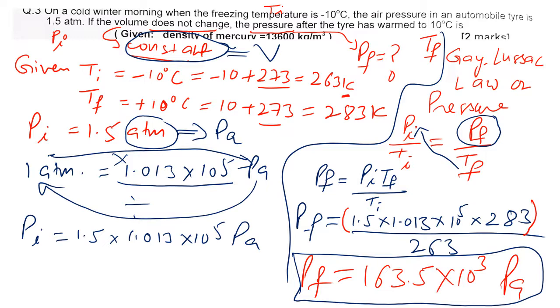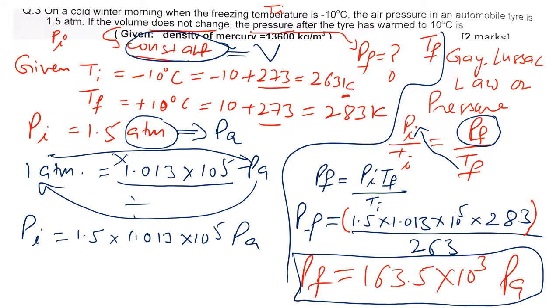Now here the initial pressure is given, this is 1.5 atmosphere. This atmosphere also you cannot use, and you have to change it to the unit of the Pascal. The relation between the atmosphere and the Pascal is that 1 atmosphere is equal to 1.013 into 10 to the power 5 Pascal.